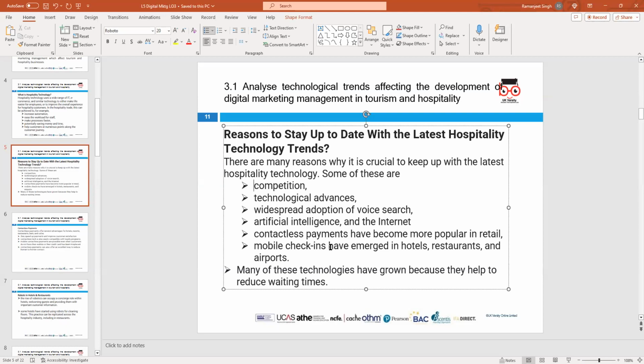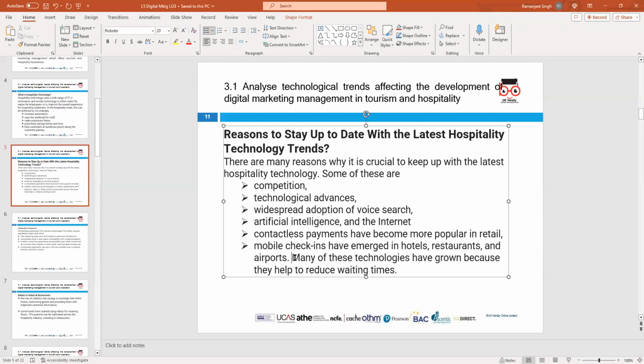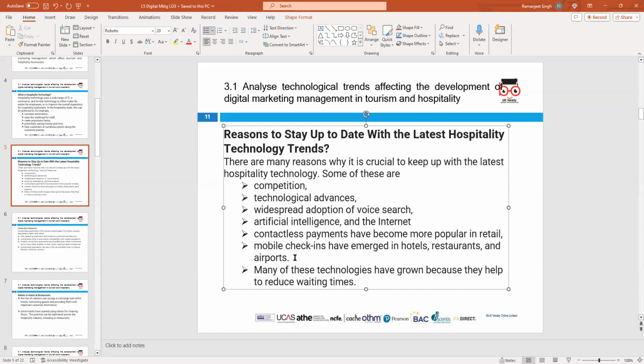Lots of people are paying by contactless, more popular in retail trade. And more mobile people are using mobile check-in apps to book hotels, restaurants, and to check in their luggage at the airport. Many of these technologies have grown because they help to reduce waiting times. So there are many reasons for using technologies.